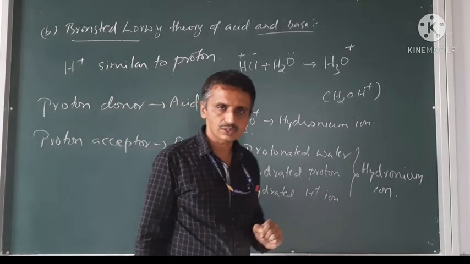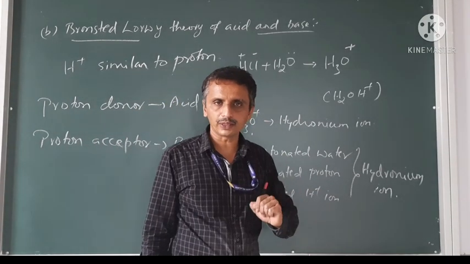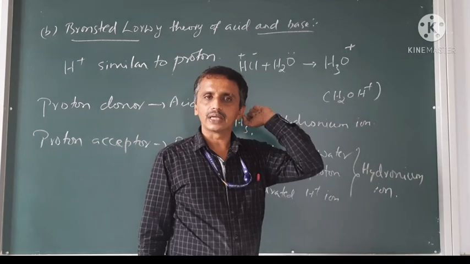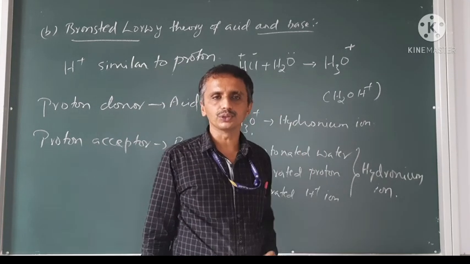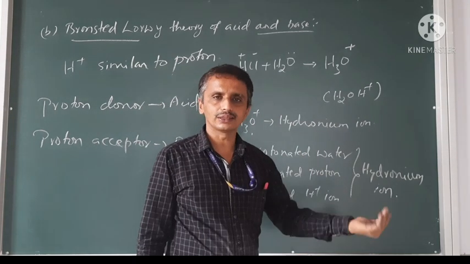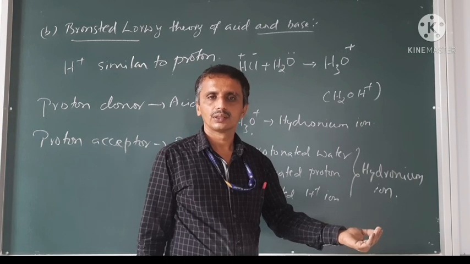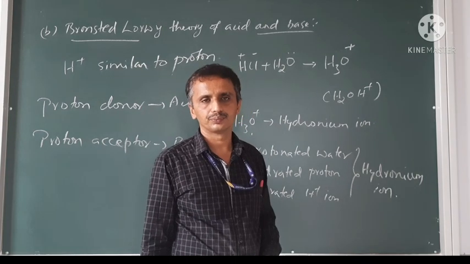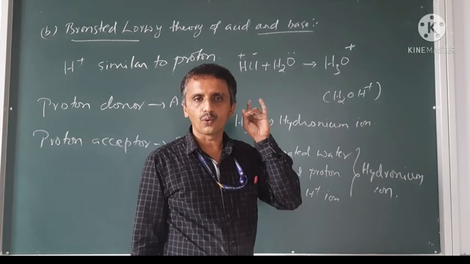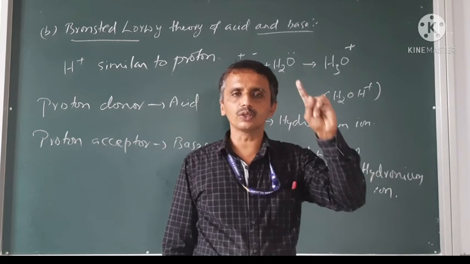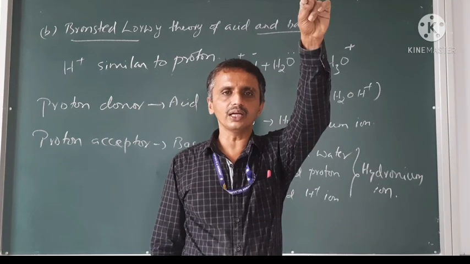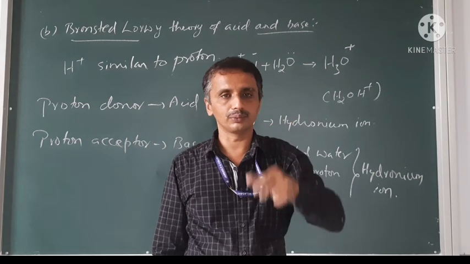And in this H3O plus, there is one coordinate bond also. There is a covalent bond also. The coordinate bond is formed by the lone pair of electrons of oxygen with the H plus ion. That is a coordinate bond.